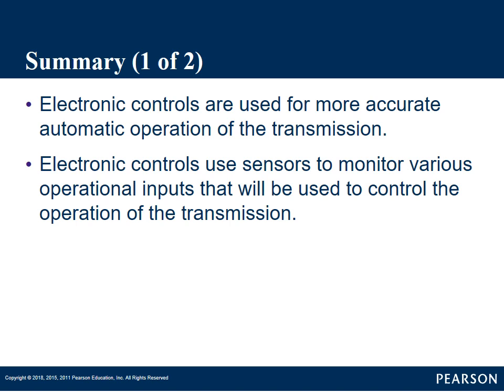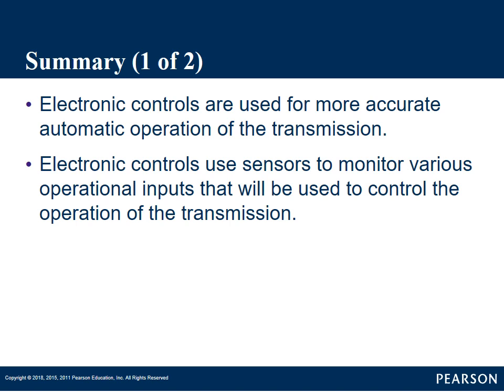In a non-electronic transmission, they didn't have any way to account for wear in the transmission. So as the transmission wore, then it would start slipping more and more and more, and then finally it'd burn up. That's why electronic transmissions have a tendency to last longer, because with these adaptives we can adjust pressure and timing to make up for that wear.